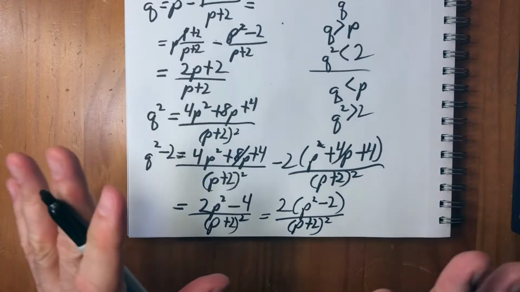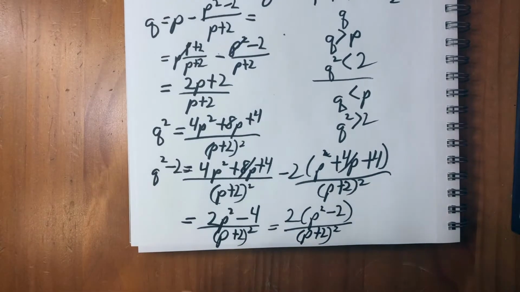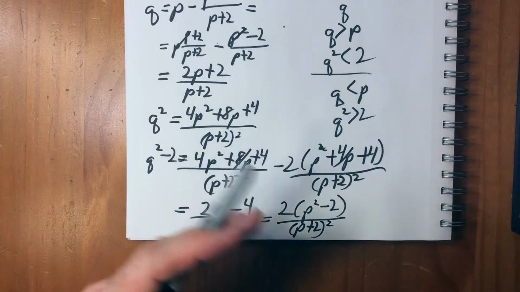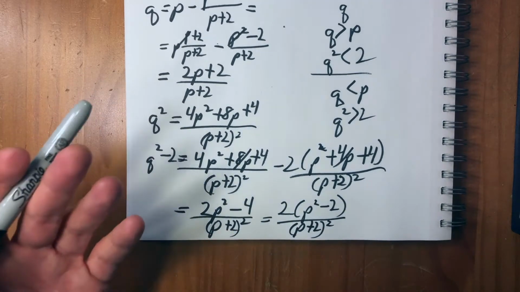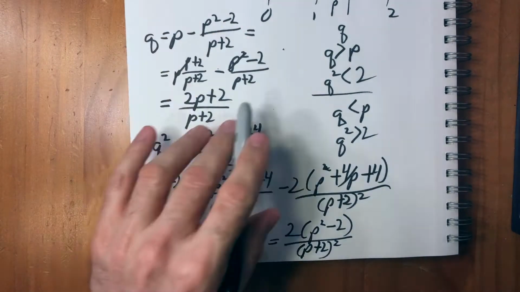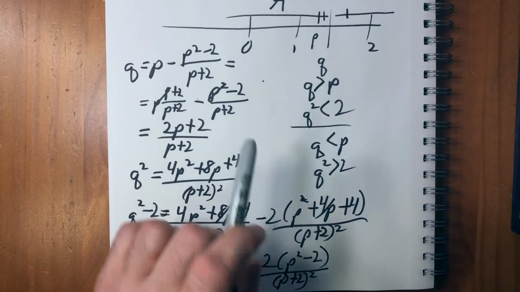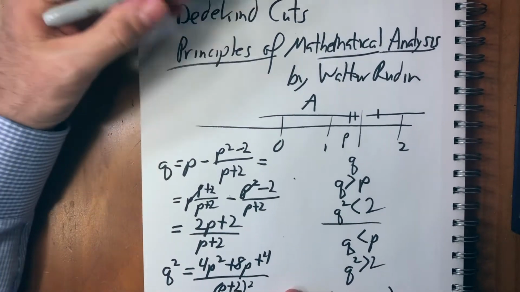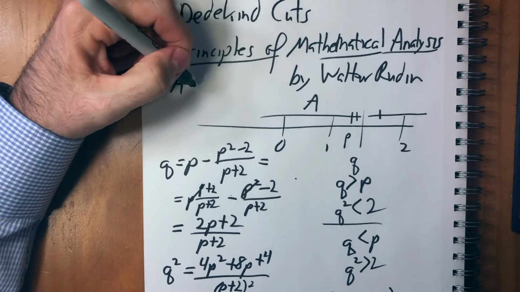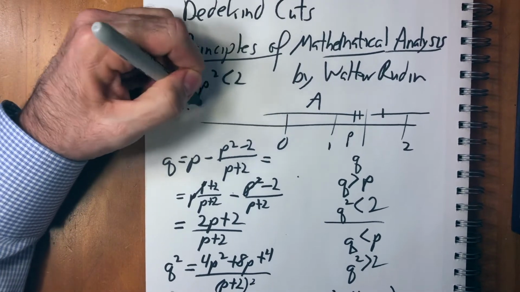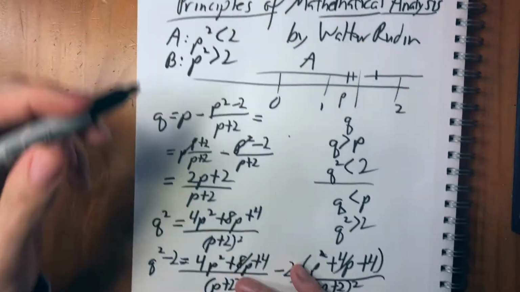The reason I did this without justifying what we're doing is that he does the same thing. And someone, sometime, did a lot of algebraic manipulations to make all this work. But basically, the point of all this is, we know the definition: in A, p squared is less than 2, and in B, p squared is greater than 2.